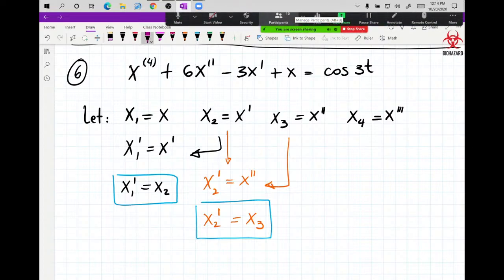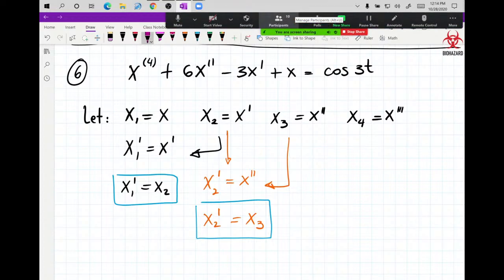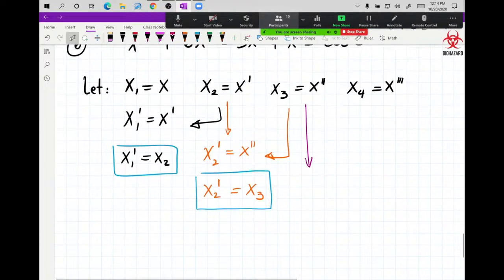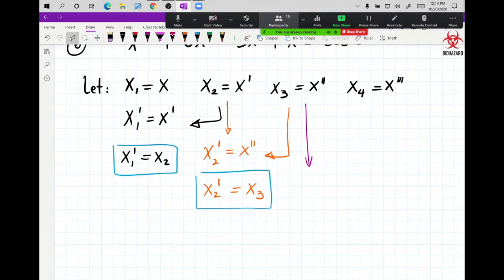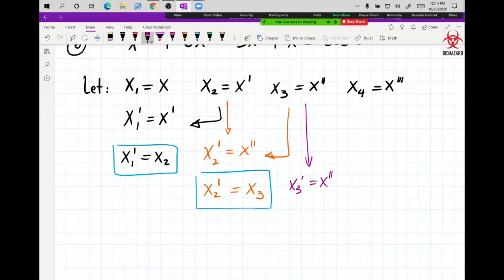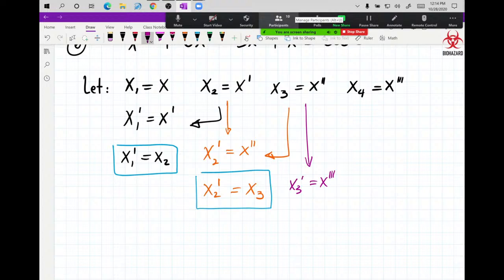Purple. We are going to now differentiate this one and get x3 prime equal x triple prime. Now we know what x triple prime is from the next equation, and that gives us that x3 prime is equal to x4.